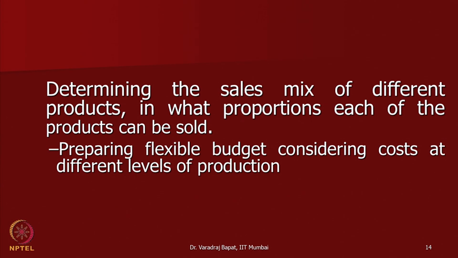It is also important for determining the sales mix of various products, because we are not operating in only one type of product. We may be operating in different products, wherein we will have to decide which product we need to emphasize, which product we should give more focus on. That is a sales mix decision.